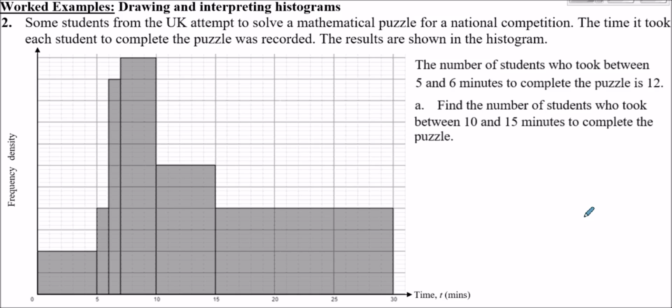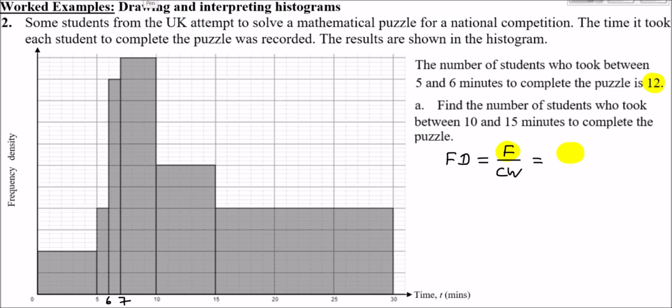We can now use this information to calculate the frequency density scale. So that's 5, so I'm just going to fill in that this must be 6, and that's 7. So remember, frequency density is frequency divided by class width. So for this bar, from 5 to 6, we're told that the number of students is 12, so the frequency represented by this bar is 12.